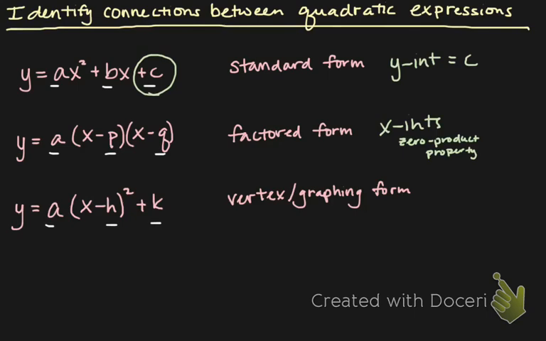And finally, the vertex or graphing form gives us our vertex. And our vertex is going to be identified by the coordinate point h, k. And that is how you can identify any connections between quadratic expressions and their graph.